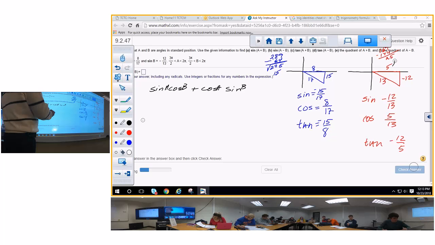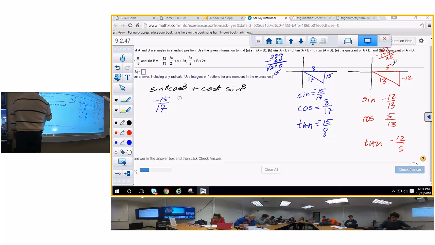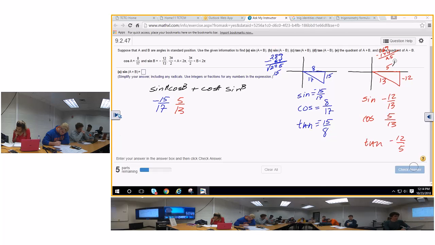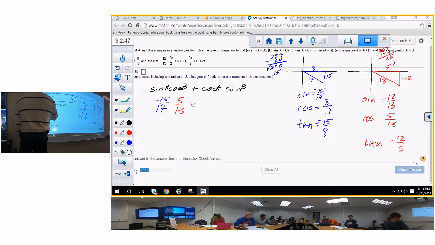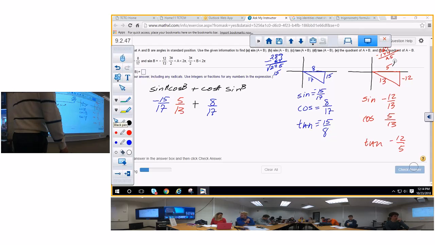I'm gonna take the sine of A, which is negative 15 over 17, and multiply it by the cosine of B, which is 5 over 13 in red, plus the cosine of A, which is 8 over 17 in blue, times the sine of B, which is negative 12 over 13.